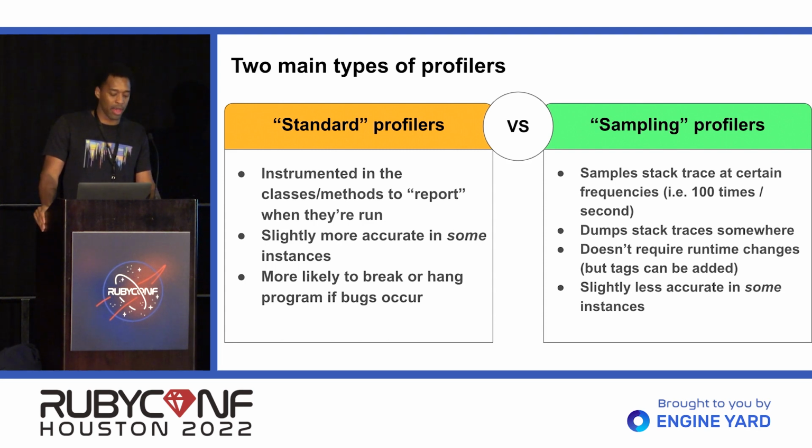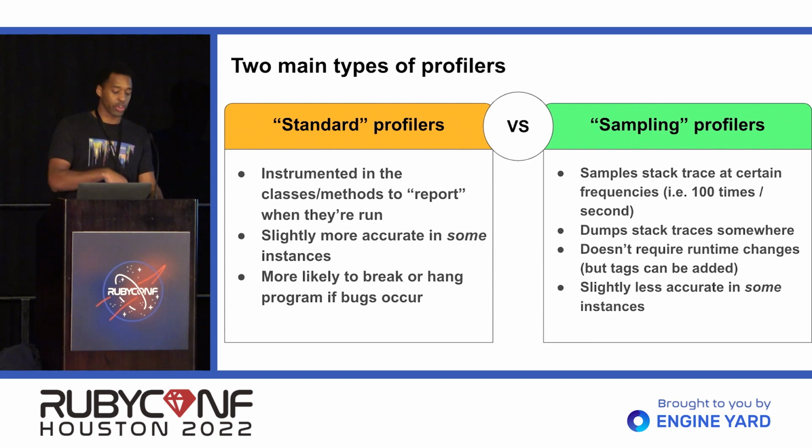That's on the beneficial side. On the downside, depending on how many functions you have or how you're using it, it's less performant and more likely to break or hang if something did go wrong and you didn't catch it properly.